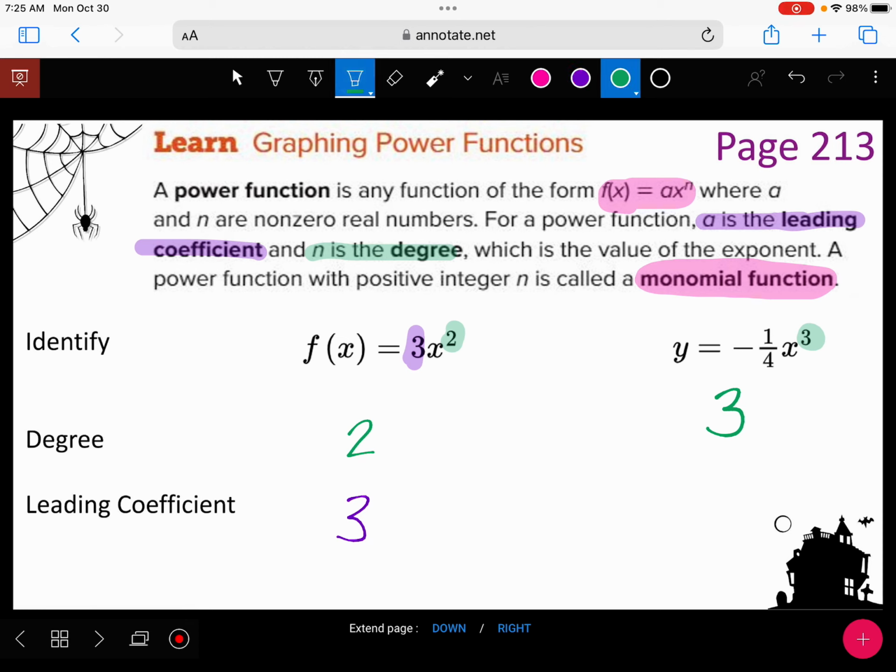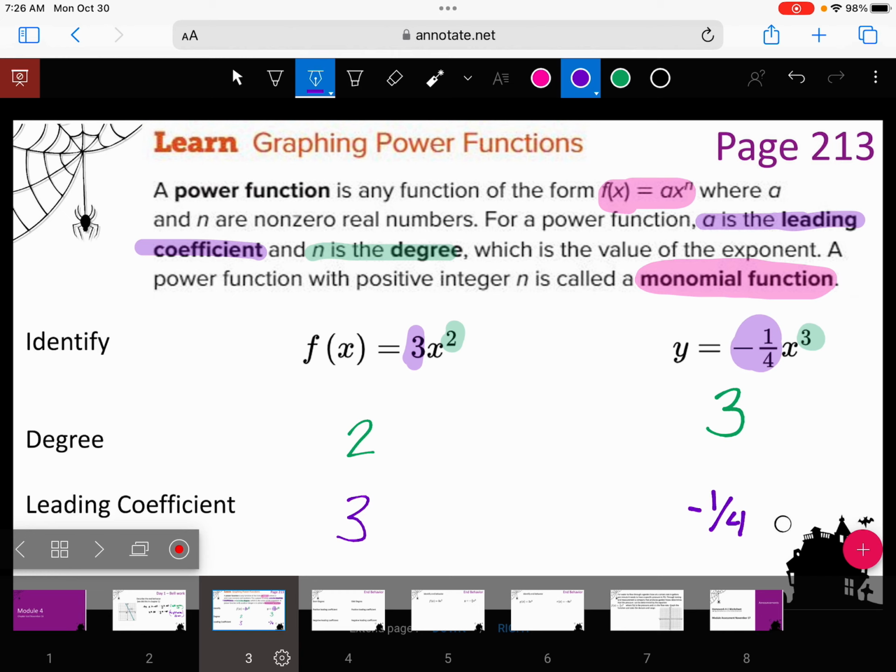Negative 1/4. It's the number in front, and that does include the sign. So the degree is the power, and the leading coefficient is the number in front. Questions on those pieces? It's not super complicated. We're just identifying at this point.